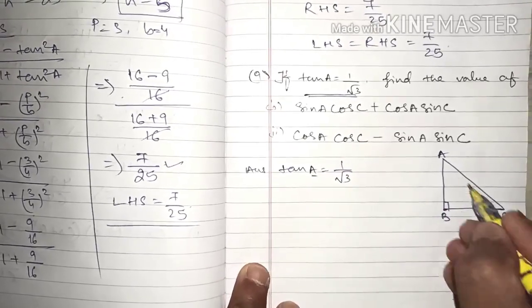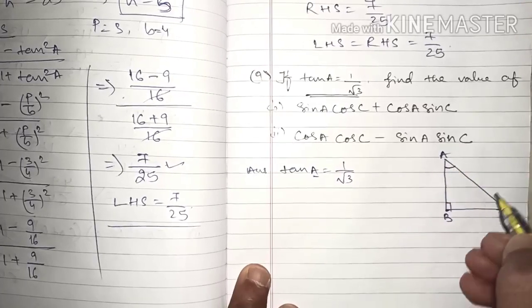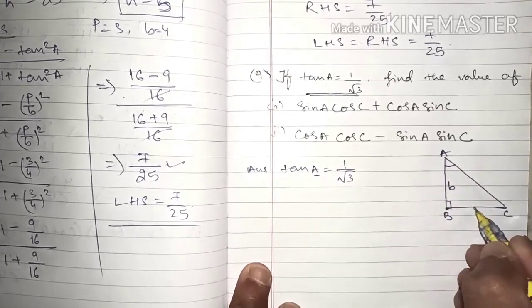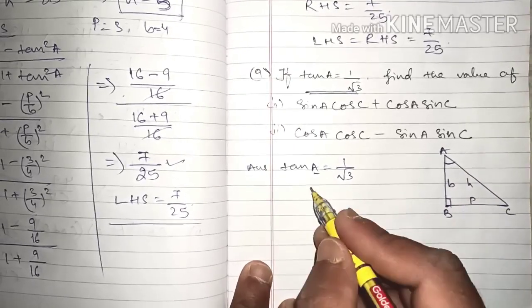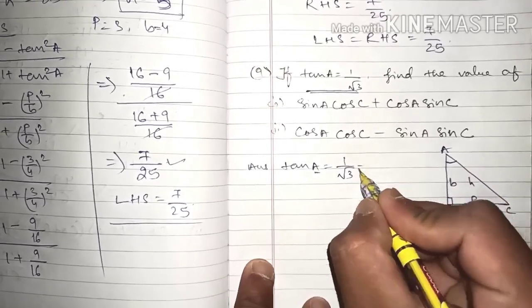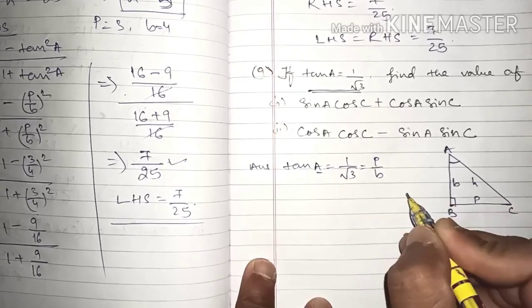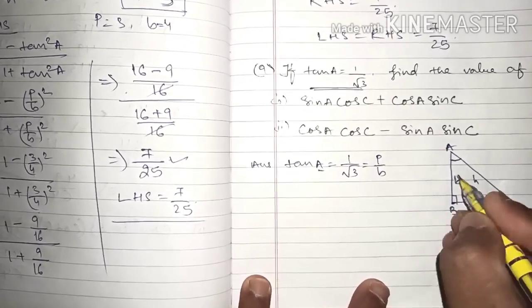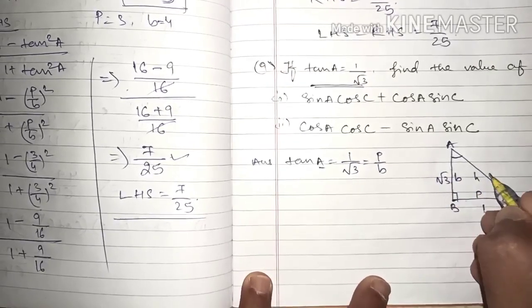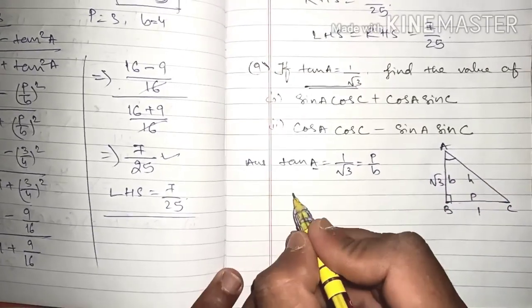A is the angle, so I will draw a small arc here. That means this is the base, this is perpendicular, this is hypotenuse. Now, the formula of tan A is P by B. P by B means this will be 1, this will be root 3. So we have to find H by using Pythagoras theorem.